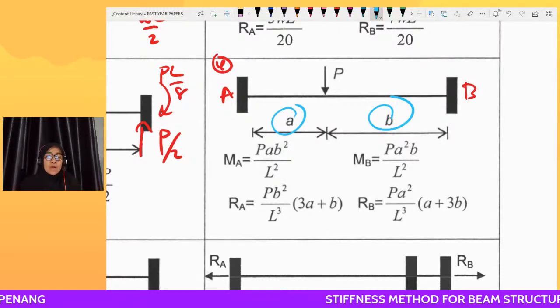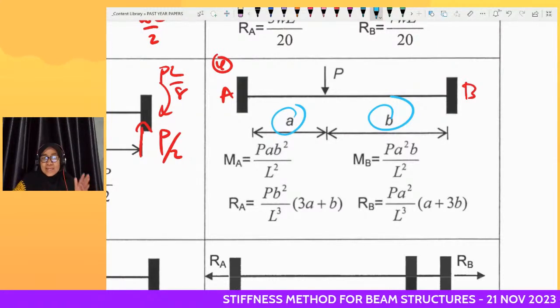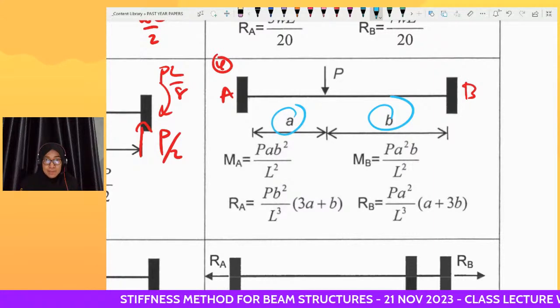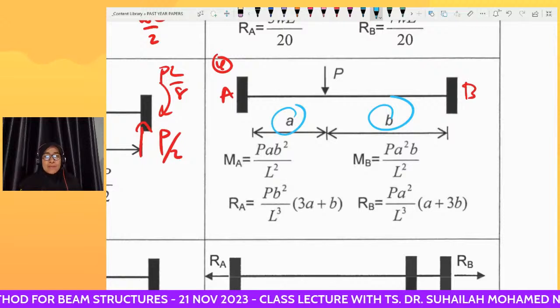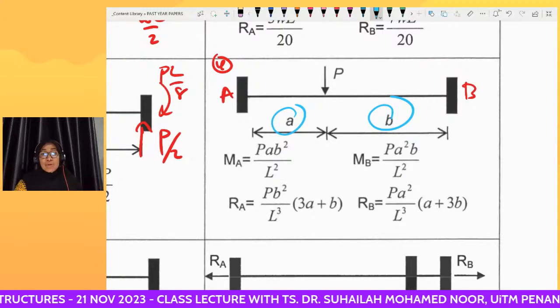From the left it is a, from the right it is b, depending on the node number.